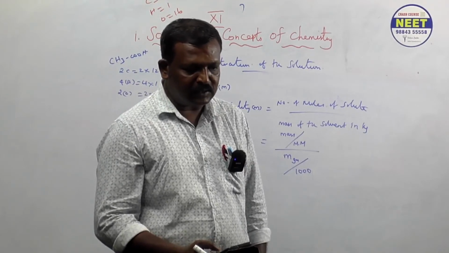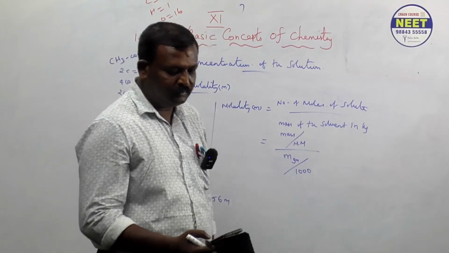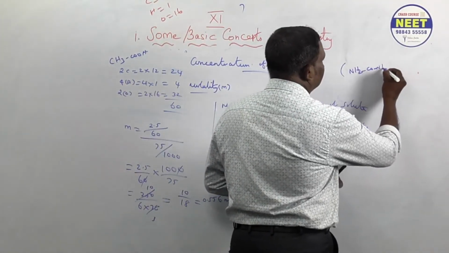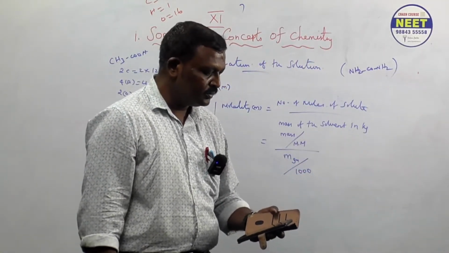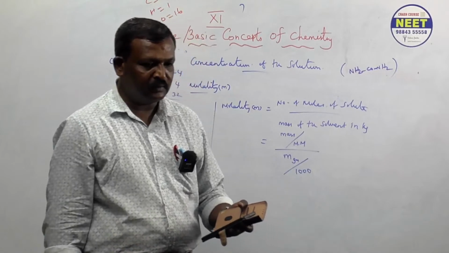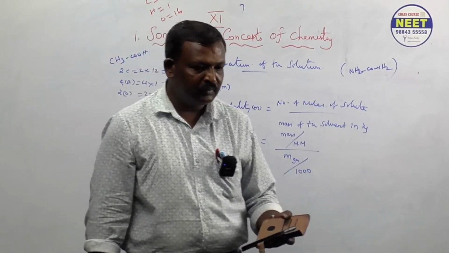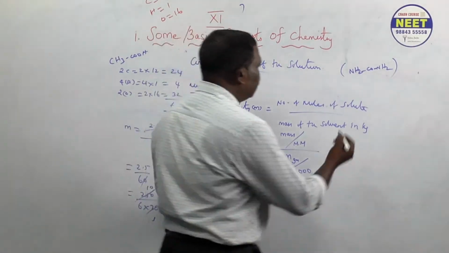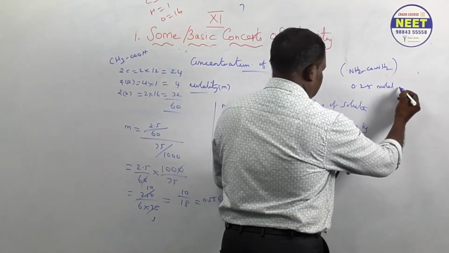Calculate the mass of urea (NH2CONH2, this is the formula for urea) required in making 2.5 kilogram of 0.25 molal aqueous solution.